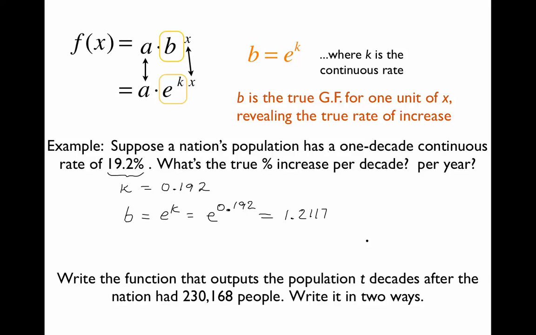So what does this number mean? 1.2117, what does that number mean? That's the growth factor for what unit of time? 1 decade. And what does it reveal about how this population is growing? Increasing by?